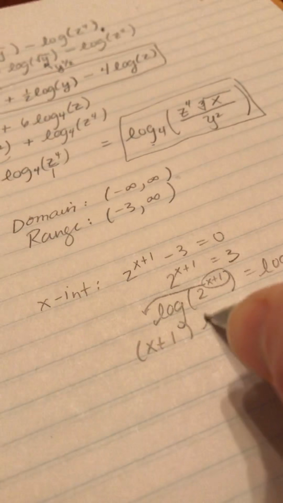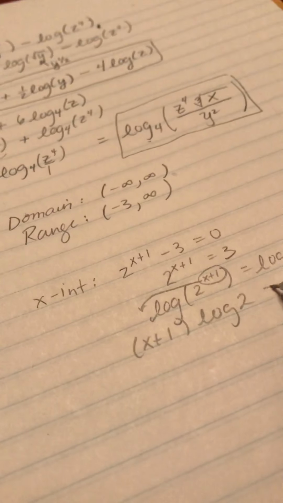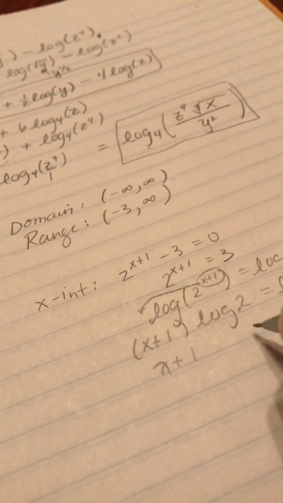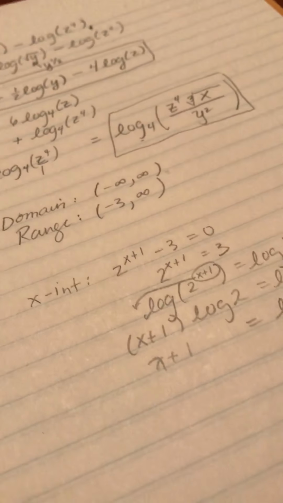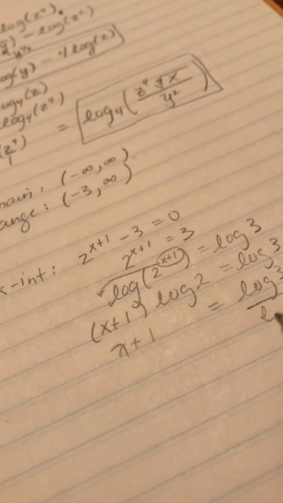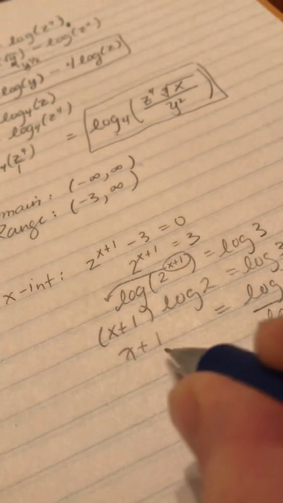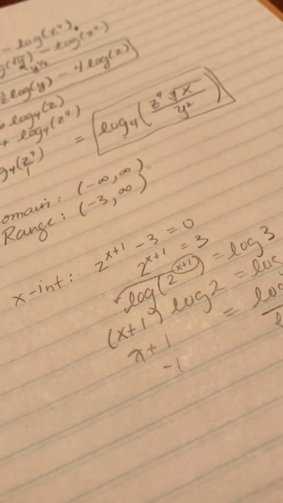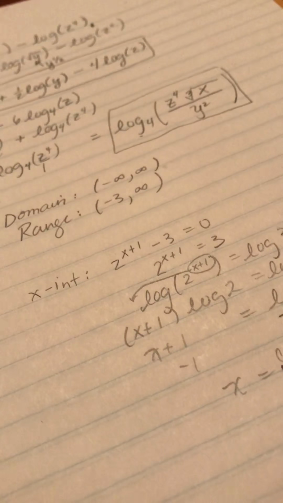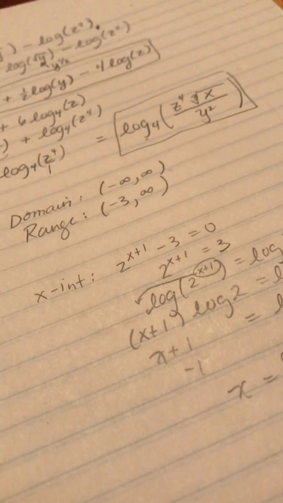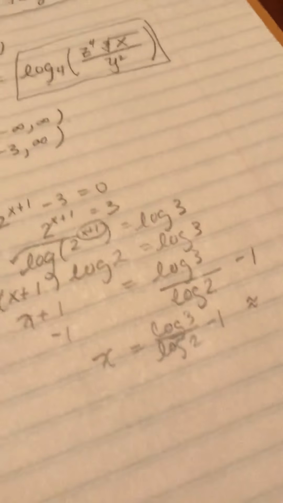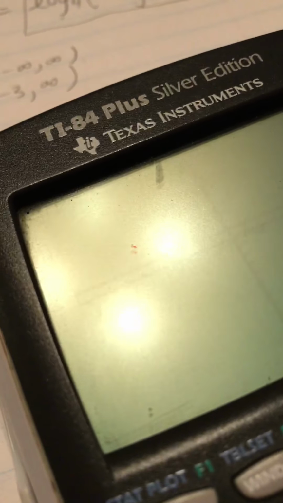X plus 1 times the log of 2 equals the log of 3. So x plus 1 equals the log of 3 divided by log of 2, dividing both sides by log of 2. And finally subtract 1 from both sides to get x equals log of 3 over log of 2 minus 1, which you'd have to type into your calculator to get an approximation for.